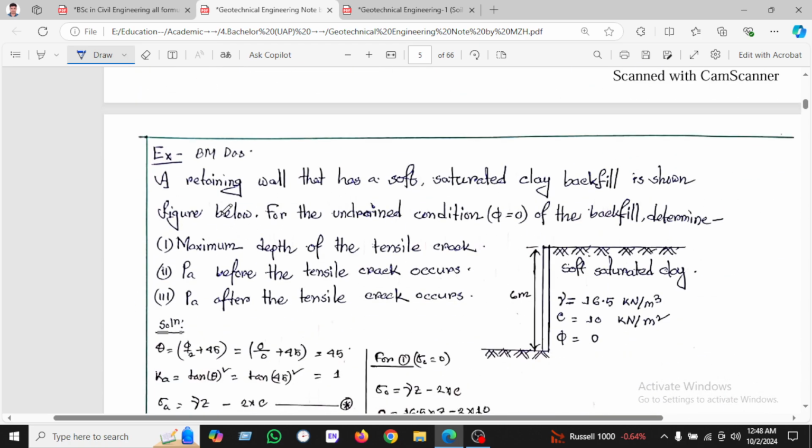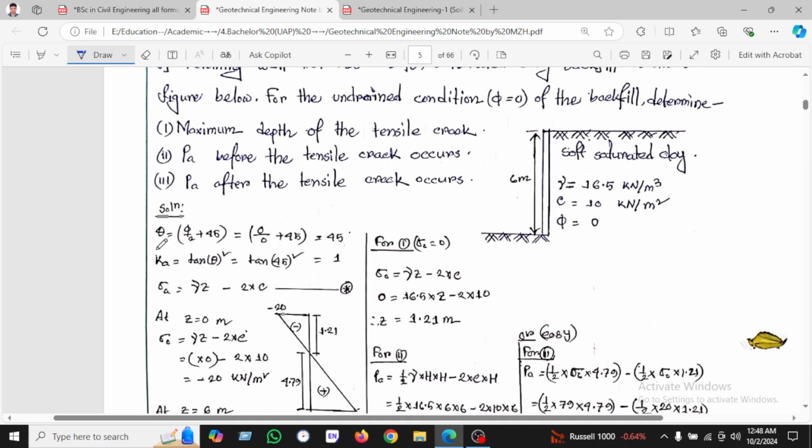So we can see another calculation here. We can see that theta is 45 and k equal to 1.